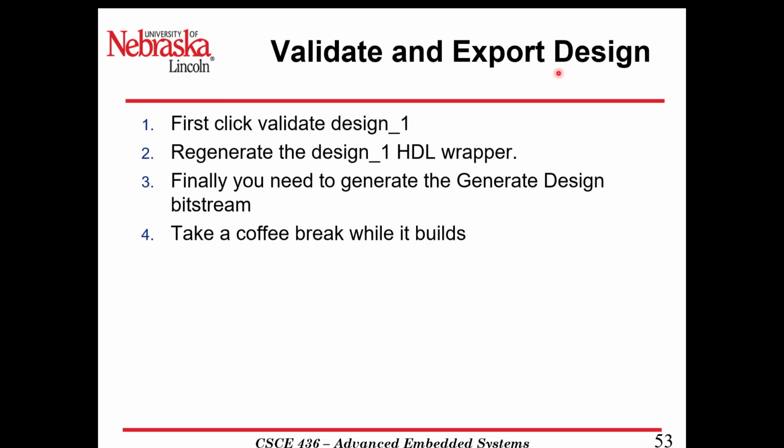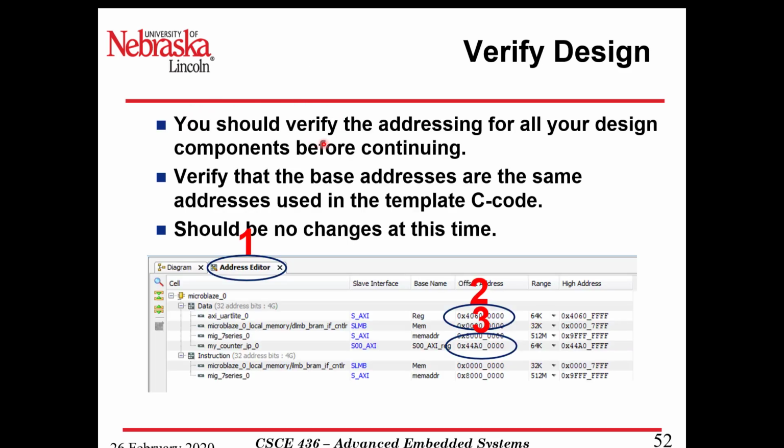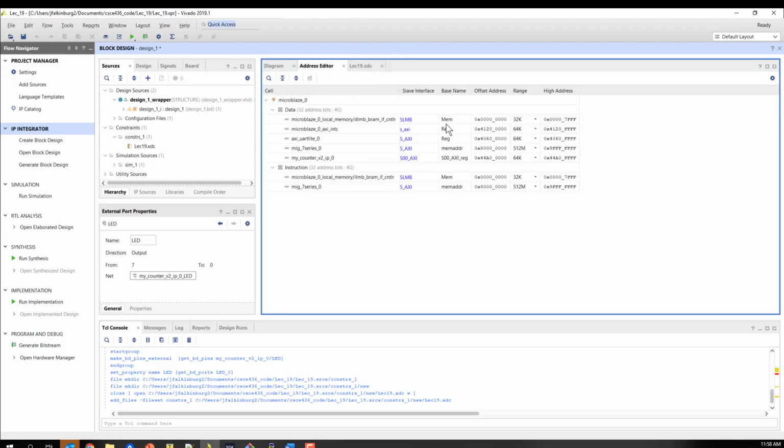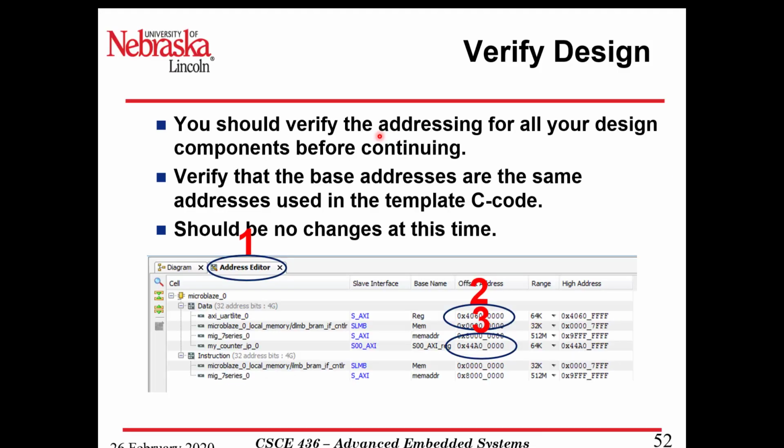Once that's all done, let's verify that here in the address editor; you can verify that's the same addresses. You're not even changing anything at this time. UART Lite is 40,600,000, MicroBlaze is at 0, and then 44,800,000 for the counter.